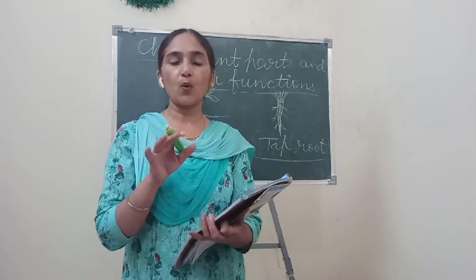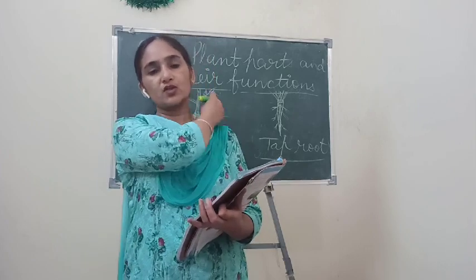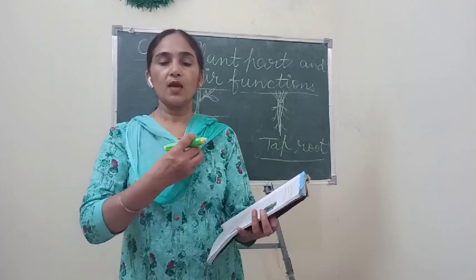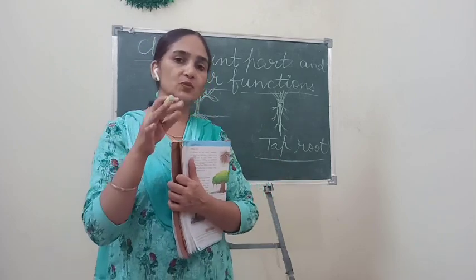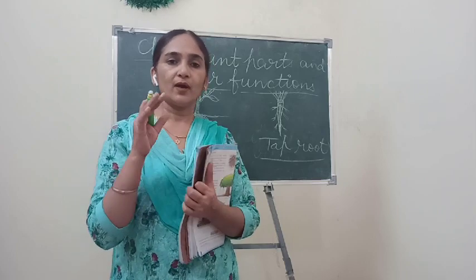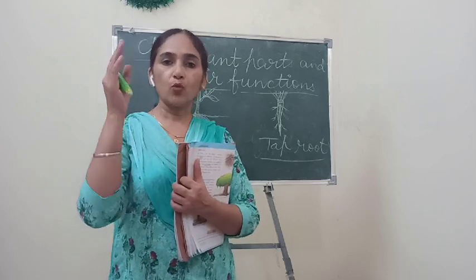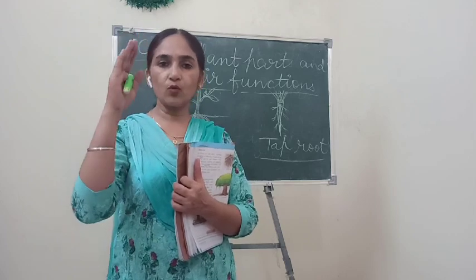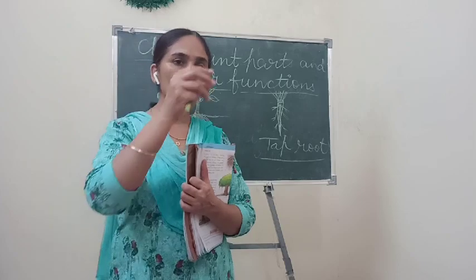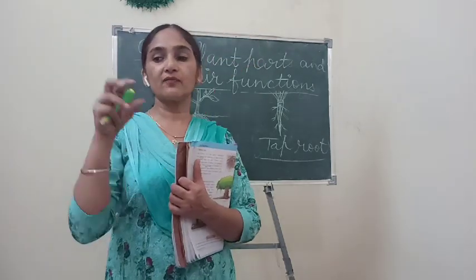And transport, the last function they have written about. What things does the shoot system transport? It transports food which is prepared by the leaves. It transports that food material from the leaves to different parts, even to the roots.